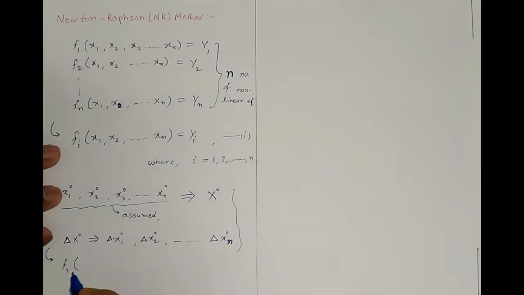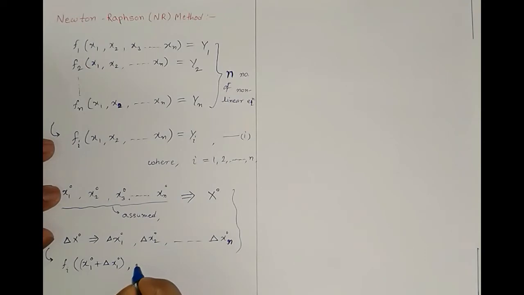That means fi(x1(0) plus delta x1(0), and so on). These are now the corrected values of x, and this is known as the first iteration.